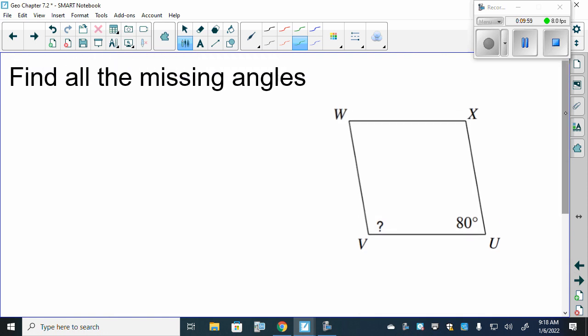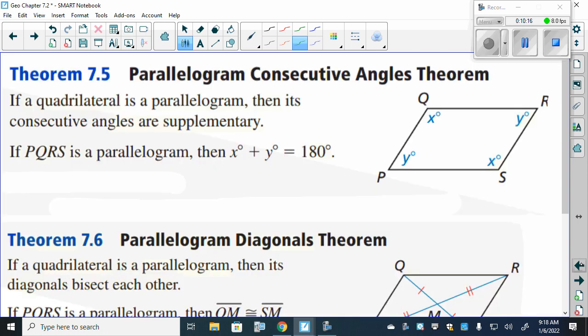Okay, find the missing angle. What do we know about these two angles here? They're not going to be congruent, because if a quadrilateral is a parallelogram, then consecutive angles are supplementary.